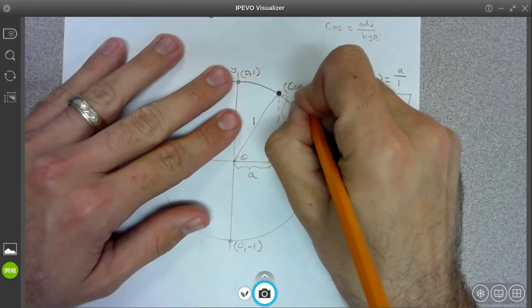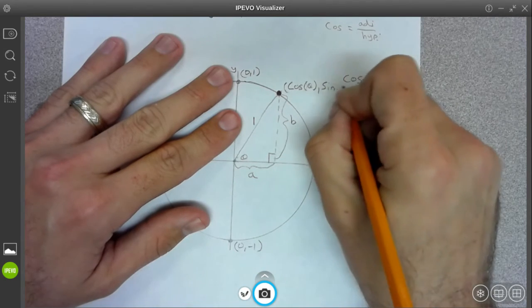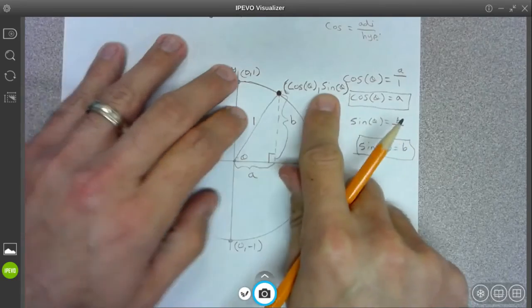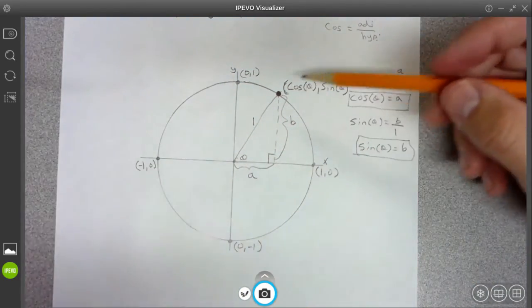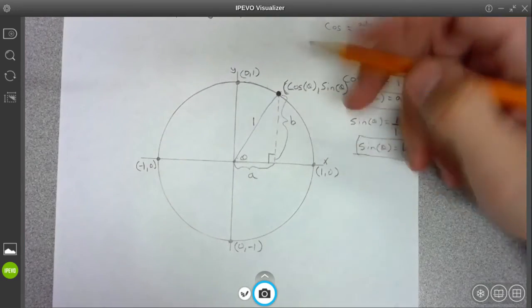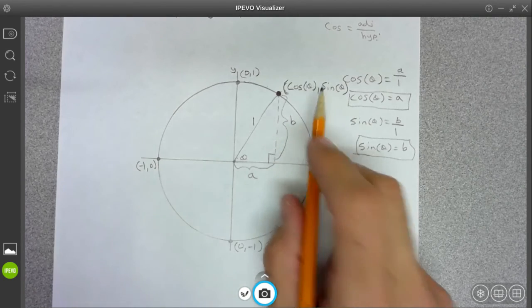When you're dealing with circles, or the unit circle in this case, this is a point. No matter where you are on this circle, every point can be thought of as sines and cosines.